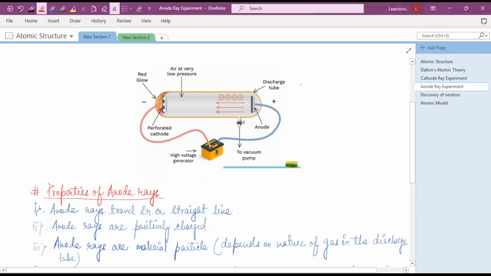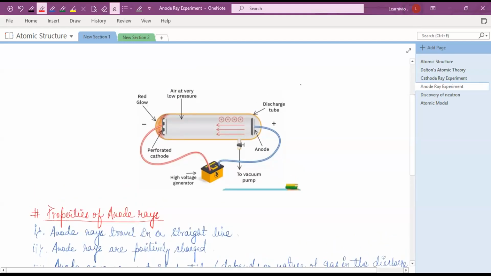Okay, so see, in 1886 he modified the discharge tube by using a perforated cathode. In the cathode ray experiment, what did J.J. Thomson do? He perforated the anode, right? But this time E. Goldstein perforated the cathode, right?